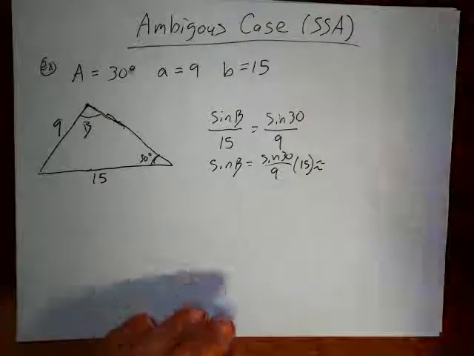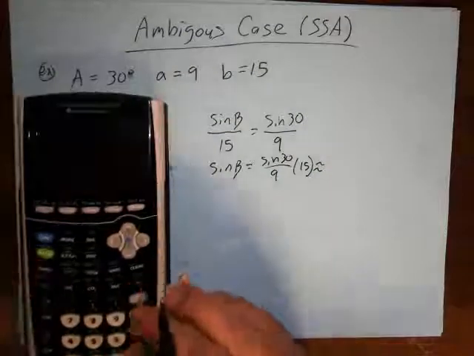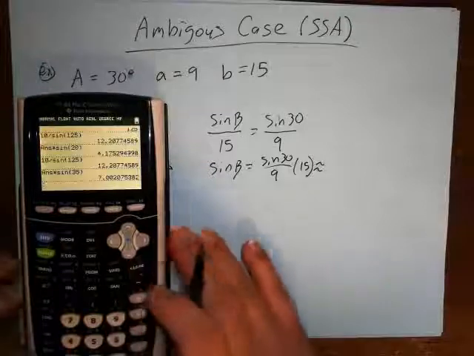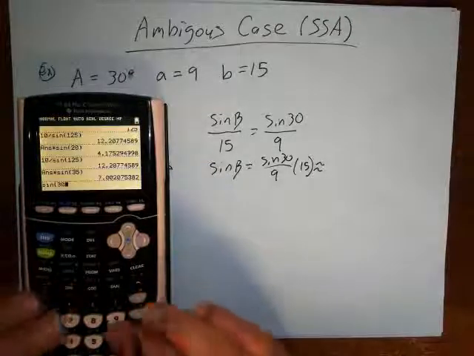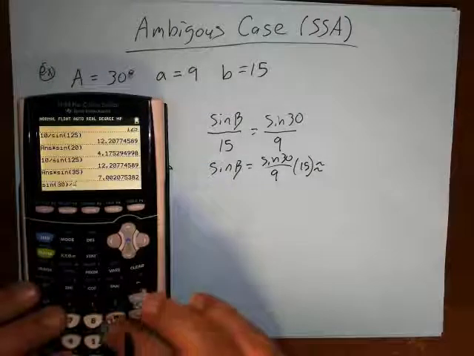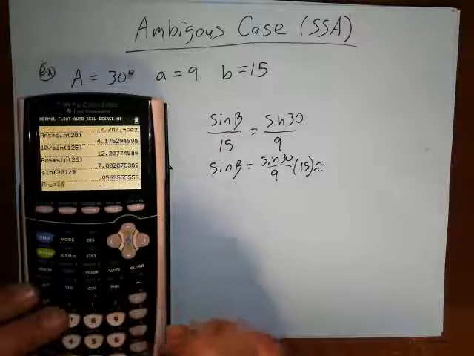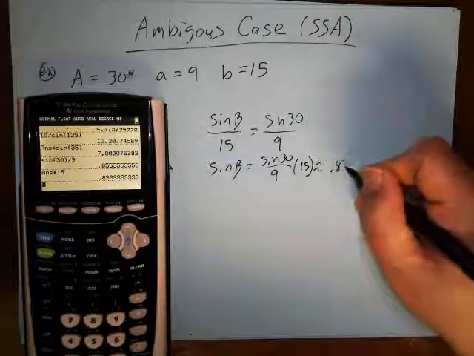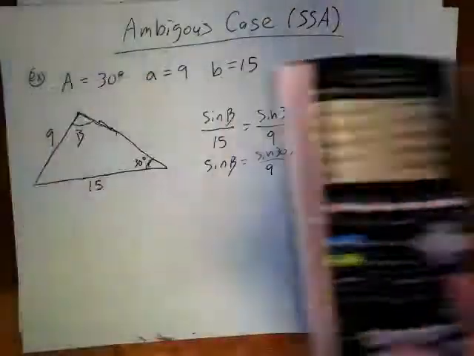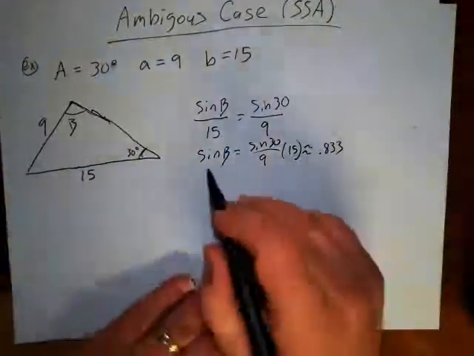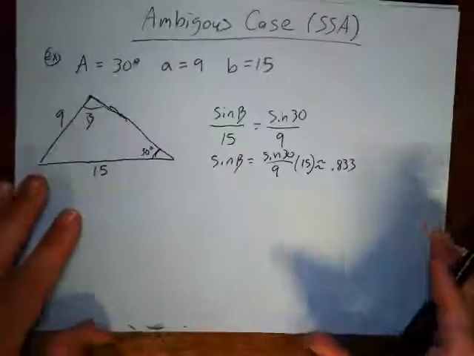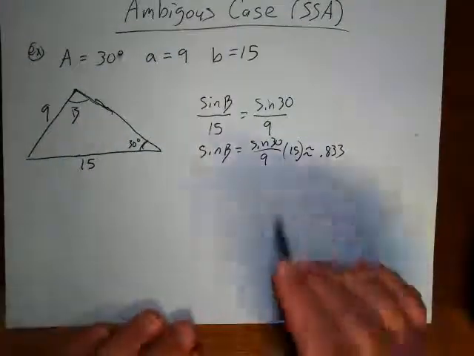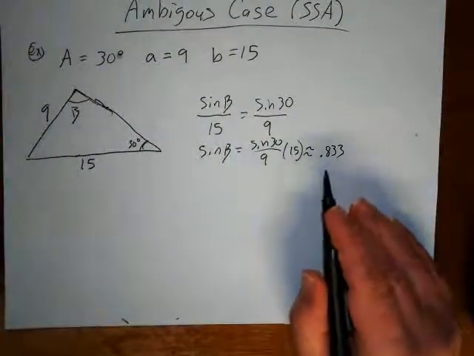Let's see what I get when I do this. Sine of 30 divided by 9 times 15 gives approximately 0.833. Notice this is a basic trig equation that can be solved.